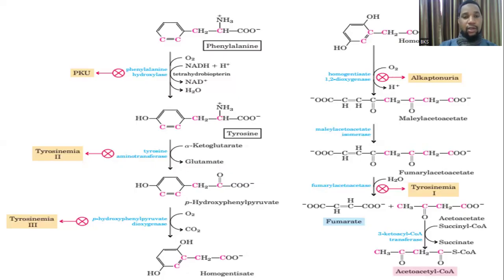And tyrosine accumulation due to defective tyrosine aminotransferase, we call the condition tyrosinemia 2, because there are a number of tyrosinemias. It is characterized by accumulation of tyrosine and also phenylalanine, phenyl pyruvate, and a little accumulation of phenyl acetate and phenyl lactate.